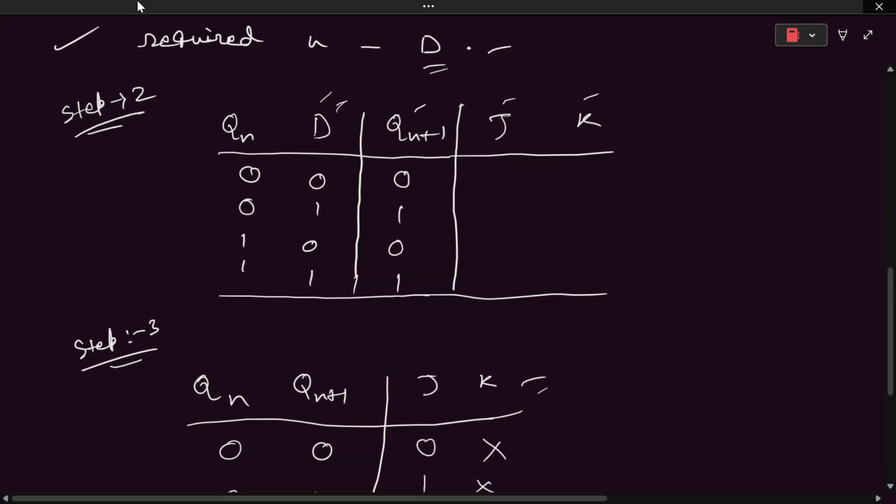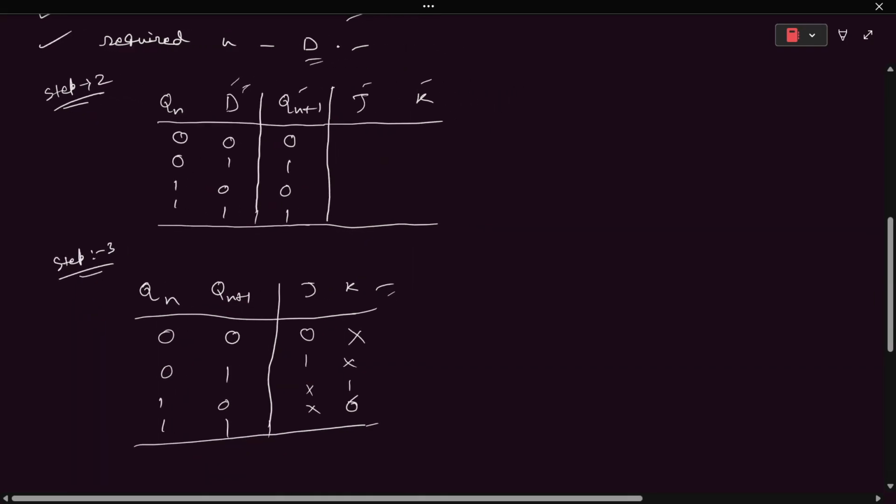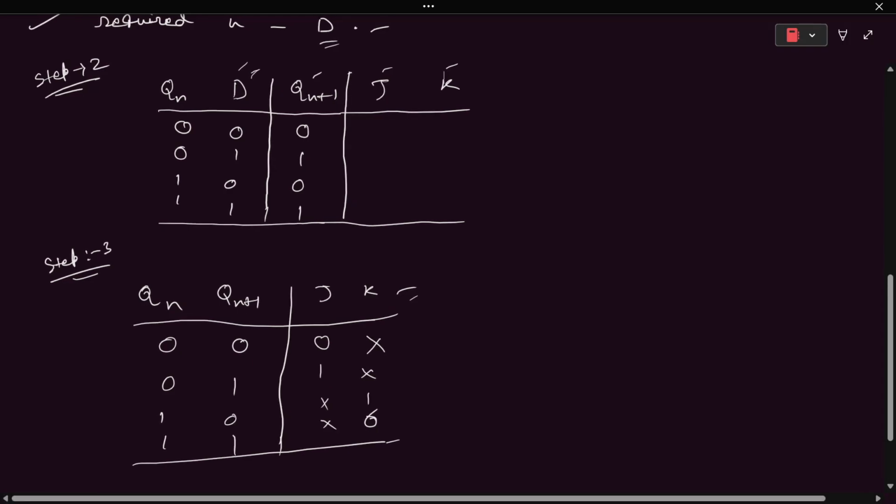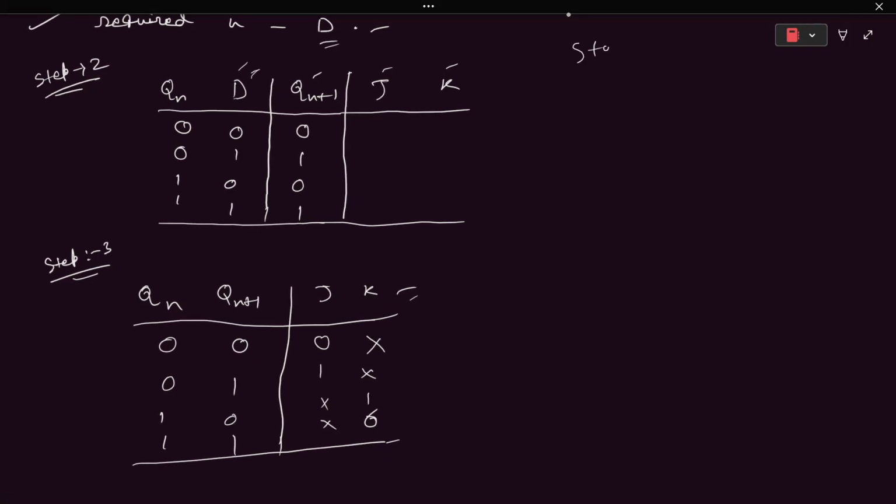Let's minimize it so that we can write step 4 on the right side of my input. Here, this is step 4.